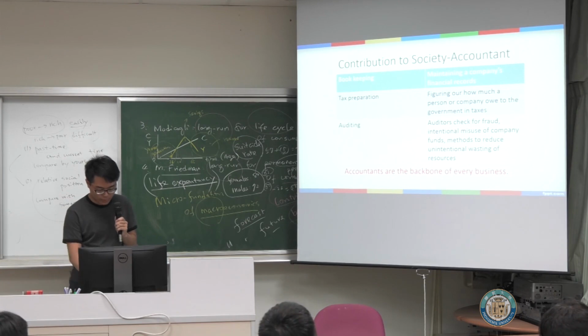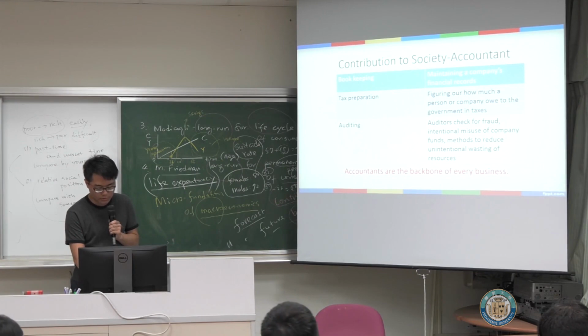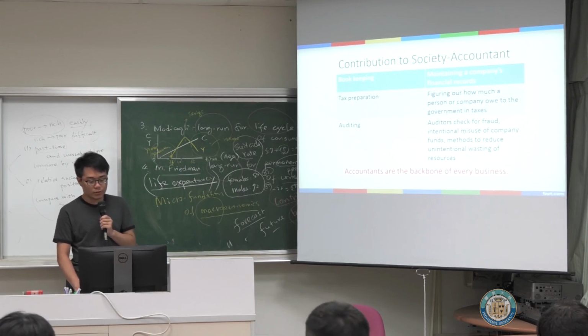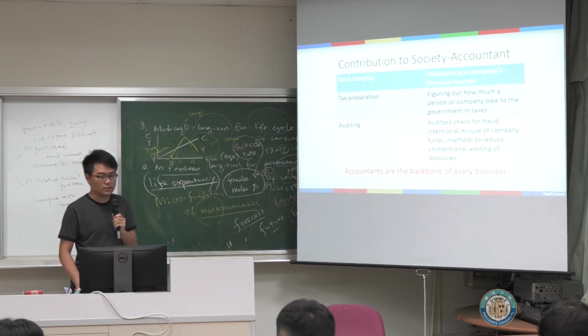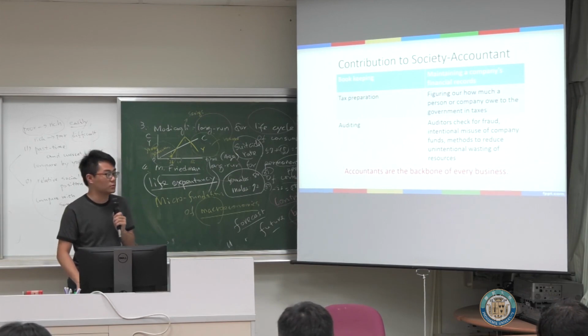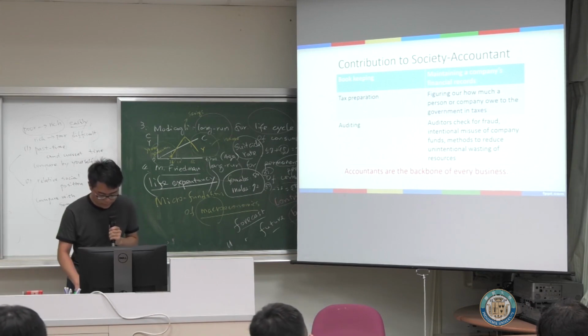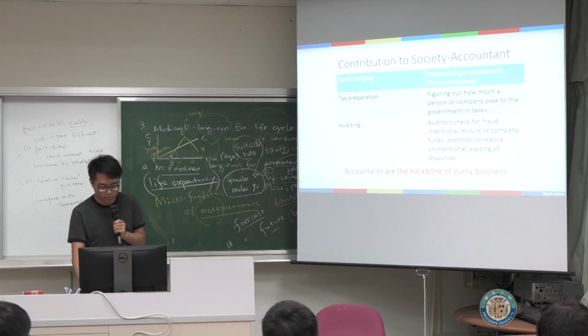And bookkeeping refers to the job of maintaining a company's financial records, and it is an essential duty of almost every accountant. And for tax preparation, they should figure out how much a person or company owes to the government in taxes, and they should also find ways to help the company reduce their taxes in ethical ways and not against the law.